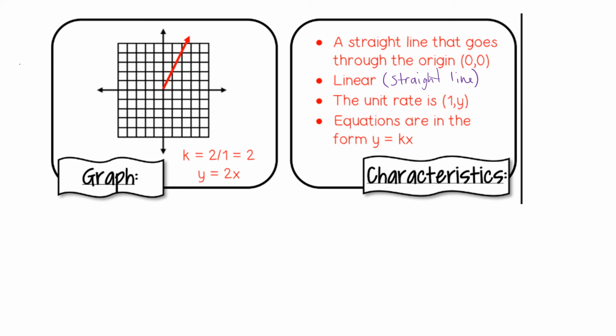So returning to this, I'll do this in blue. So going back to this 1 comma y, well, 1 on the x, and then here, comma y. So that's 1 comma 2. That, if you remember before, that's 1 comma 2. And 2 is the unit rate.